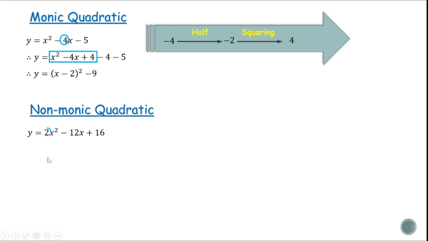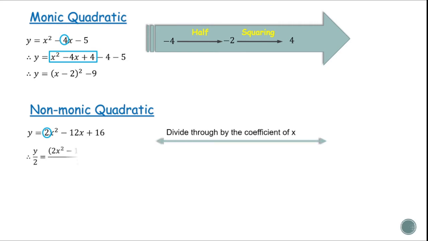So what we will do is first of all focus on the coefficient of the first term, that is the x squared. The coefficient here is 2 and we shall be dividing the entire equation by 2. This will ultimately form the equation in the form of a monic quadratic.